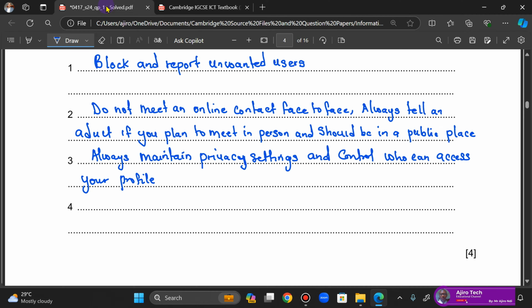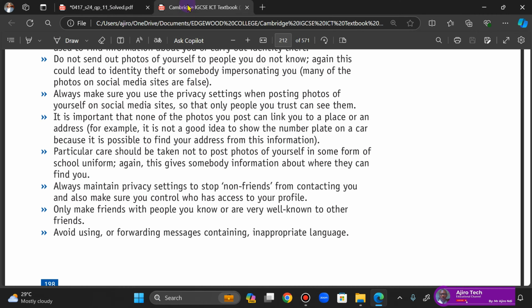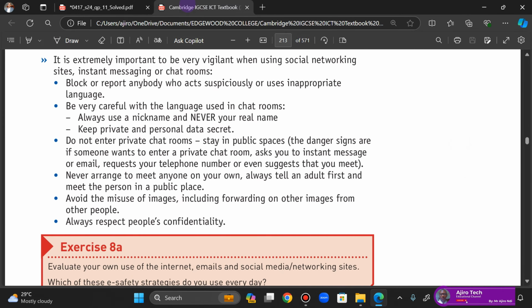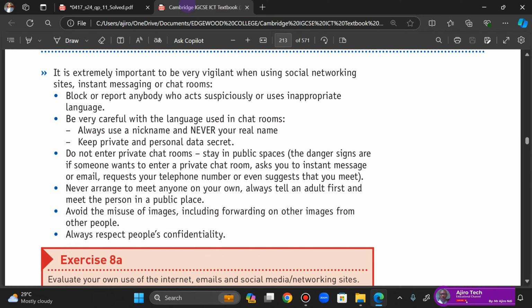All right, the next one is be very careful with the language. Okay, and in fact, I think I'm just going to go with this. Always respect people's confidentiality. Very important. Okay, respect people's privacy. Very important.